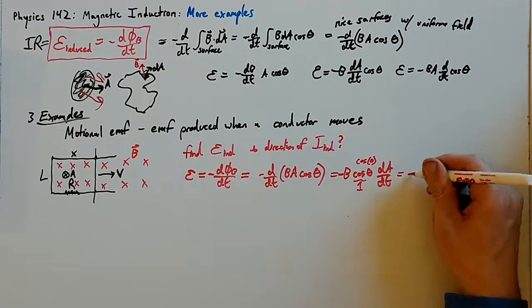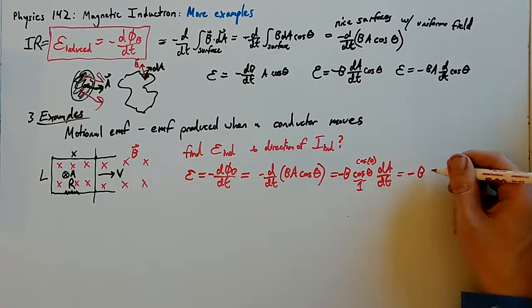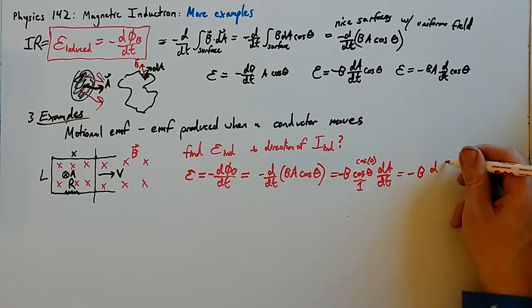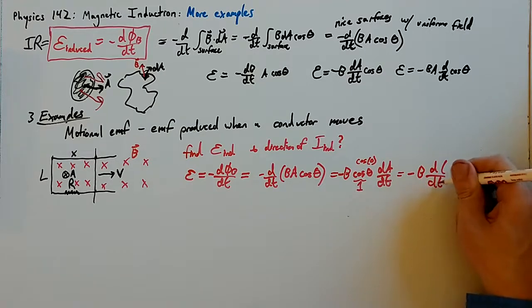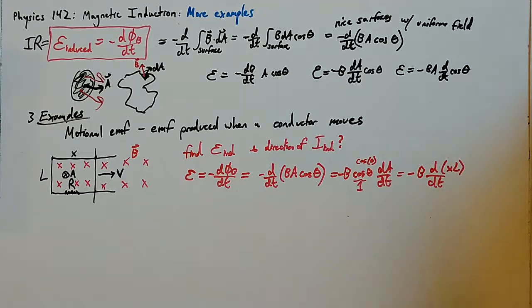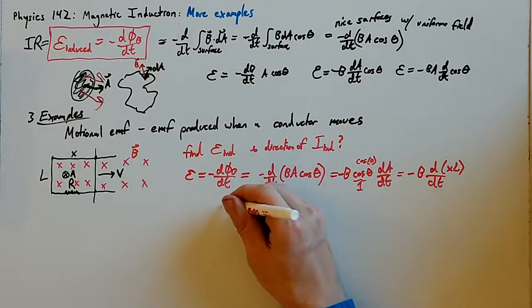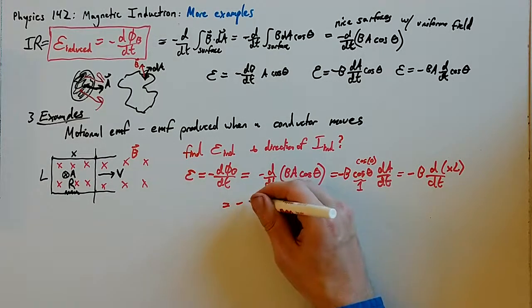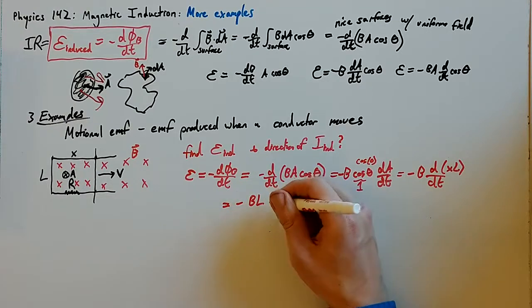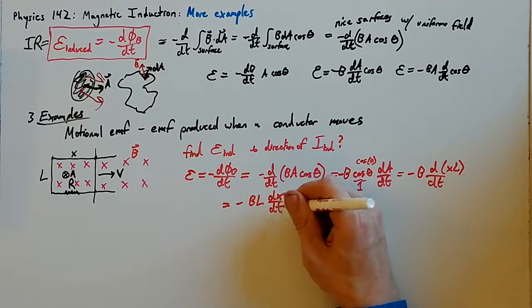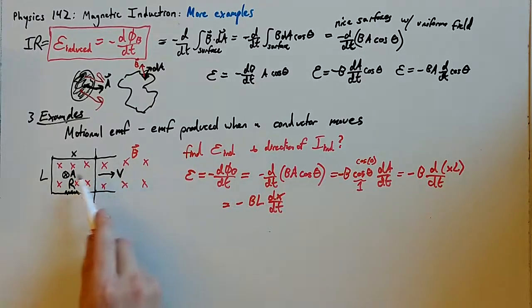All right, so I can now write this as minus B times d dt of A, which is x times L. Now L is just constant, so that can come out, and I can write this as minus B times L times dx dt, because it's just x that's changing.